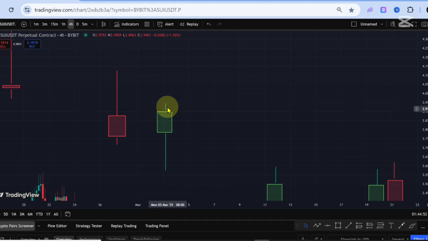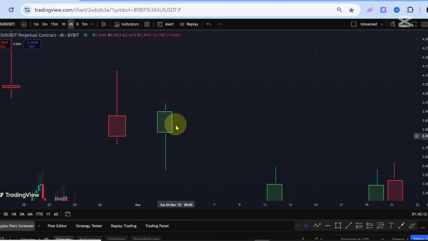As you can see, this shows the lowest point that price went to, and here the highest point. You get a hammer candlestick. You'll see a small body with a very long lower wick. That looks like a hammer.